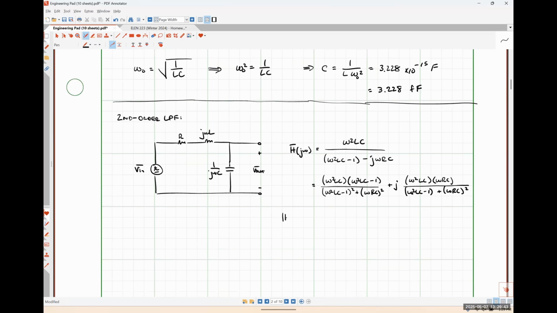Our magnitude response would look like omega squared LC divided by the square root of (omega squared LC minus 1) plus omega RC, squared. Sorry, both of these should have been squared.